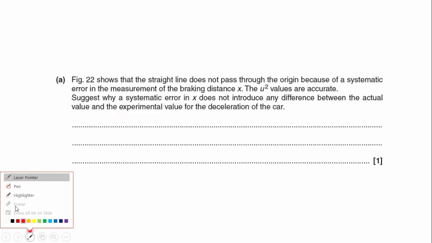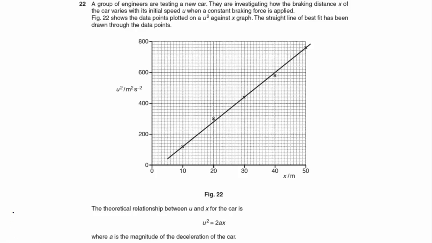Okay, so if we look back at our formula here, we've got u squared is equal to 2ax, with u squared on the y-axis and x on the x-axis.